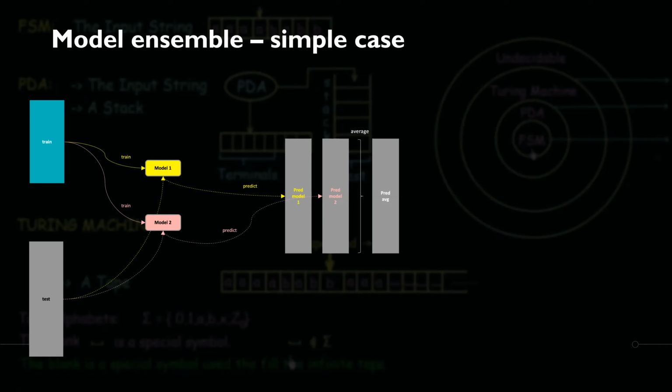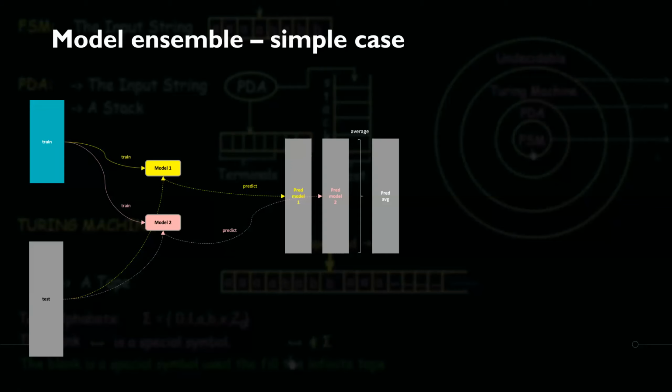What we need to do is simply average them together, so we end up with the prediction average, which would be our model ensemble result. This is a very simple case to explain how averaging works. Everybody understands it, so we don't have to spend more time on this concept.